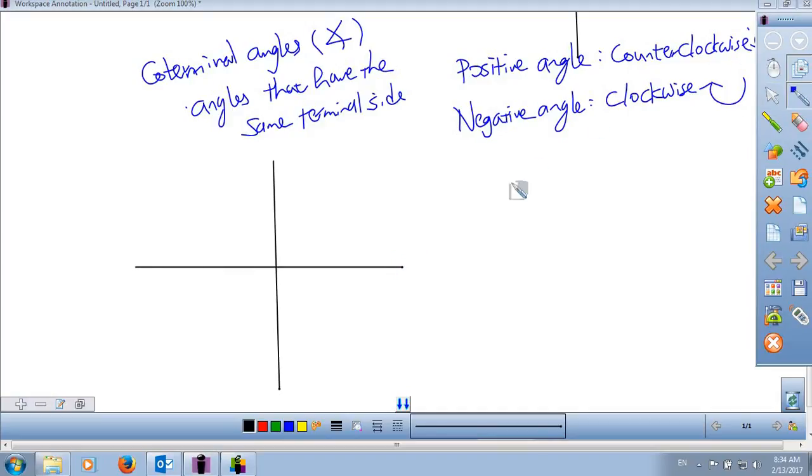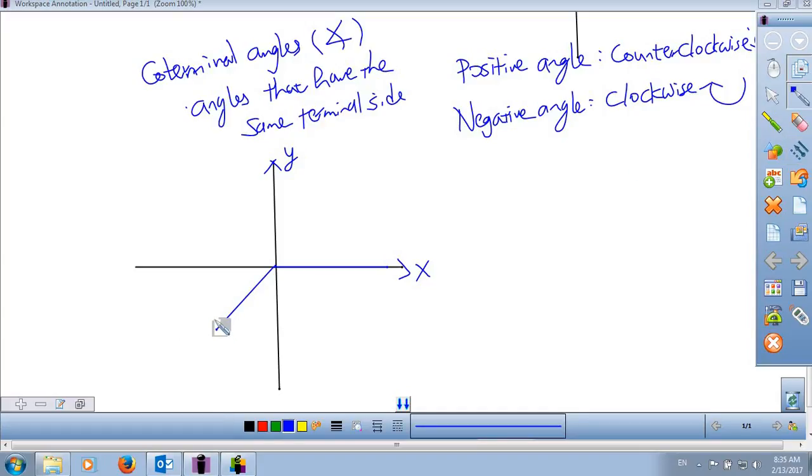Again, this is the positive x-axis, this is the positive y-axis, and the origin is in the middle. So let's say we have an angle here. From this side, if I rotate somewhere and stop here, okay.